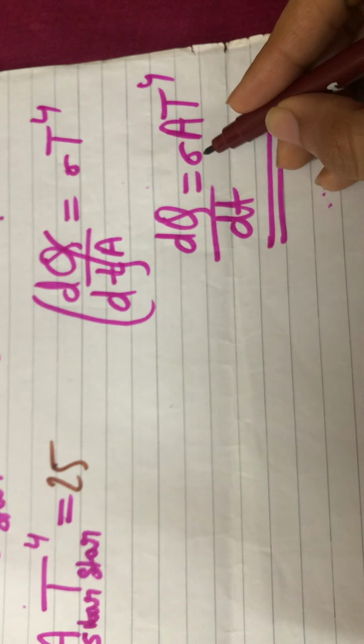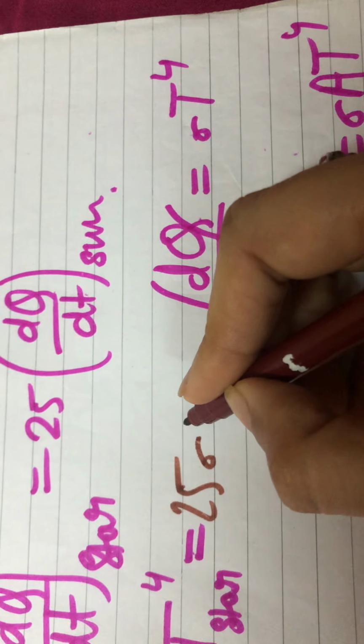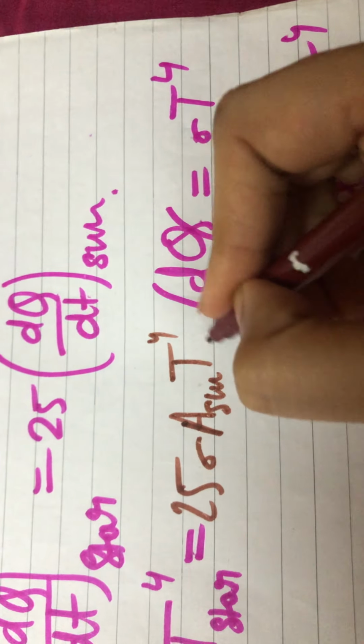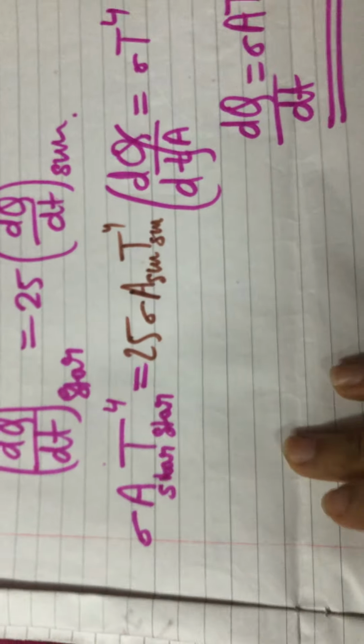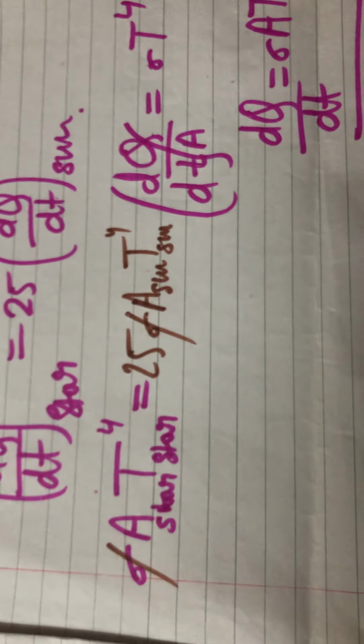Power radiated is equal to sigma A T raised to 4. So I'll write sigma, that is Stefan's constant, A, that is area of sun, and T raised to 4, that is temperature of sun. Now sigma, since it is constant, will get cancelled from both sides.